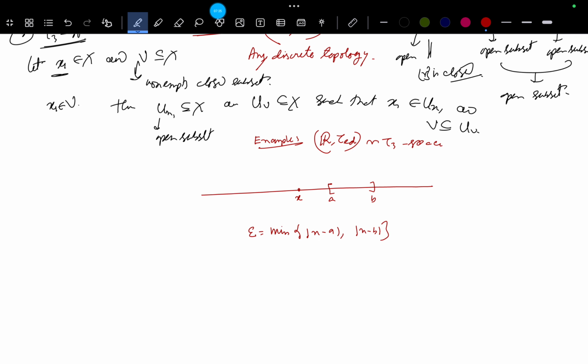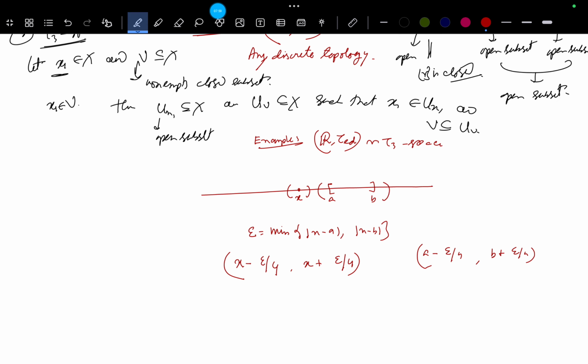Then I take epsilon by 4 as small as I can, and consider (x minus epsilon/4, x plus epsilon/4) as one open set, and (a minus epsilon/4, b plus epsilon/4) as the other.